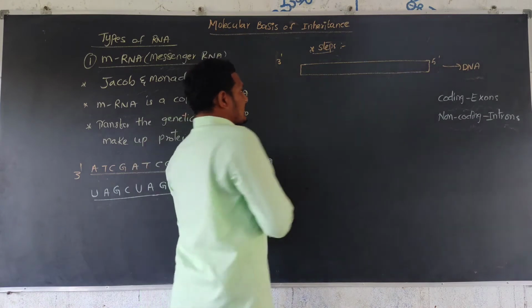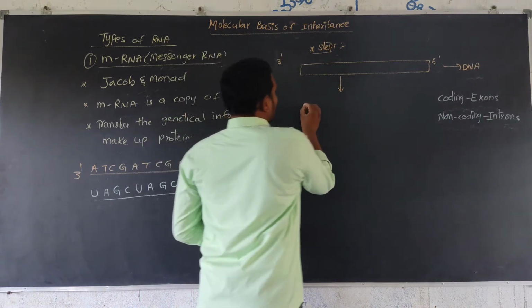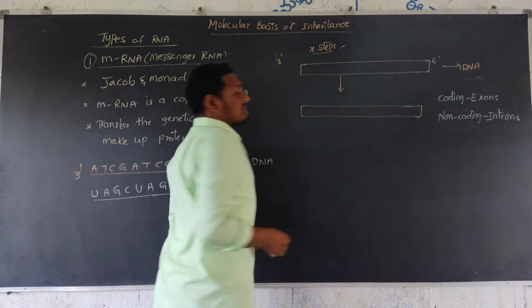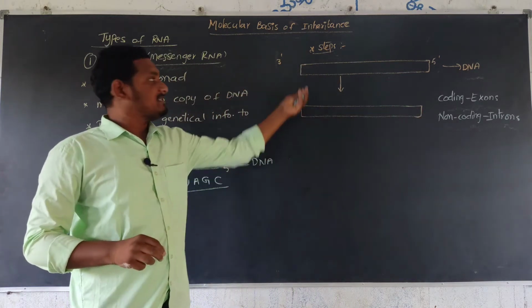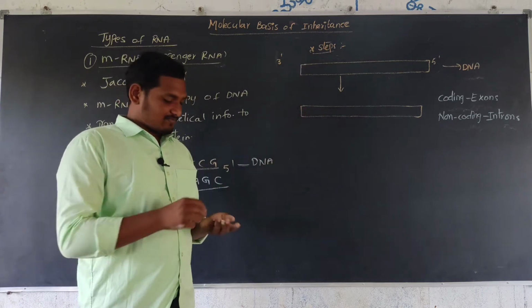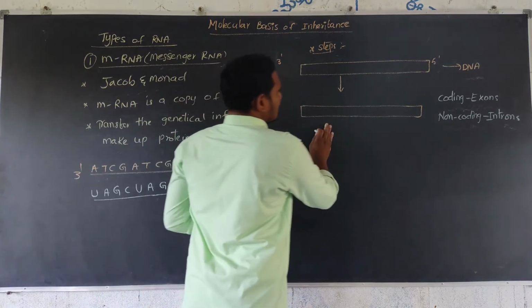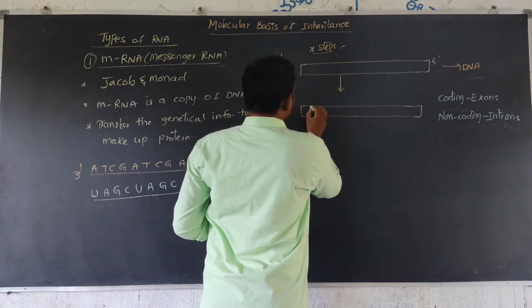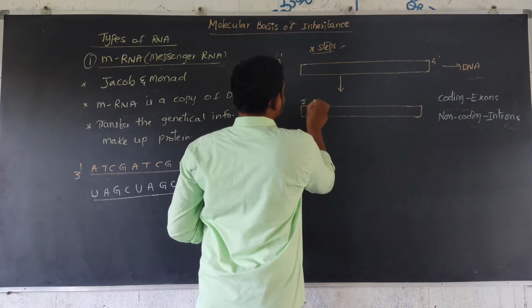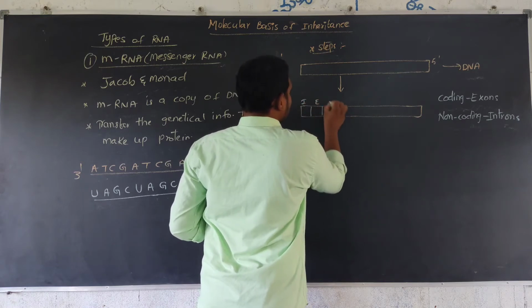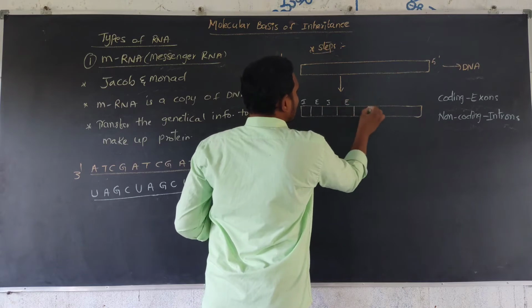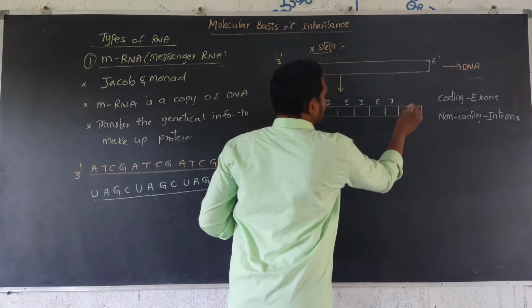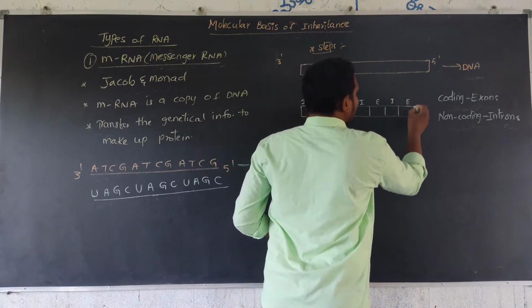This DNA strand will get transcribed to form another strand, a copy. In this copy, the coding part and non-coding part are also there. So that is intron, exon, intron, exon, intron, exon, intron and exon.